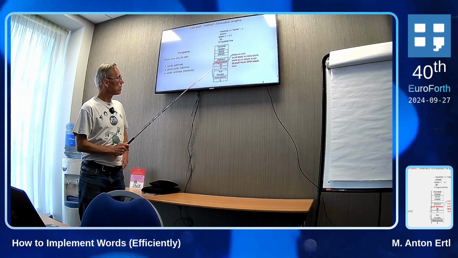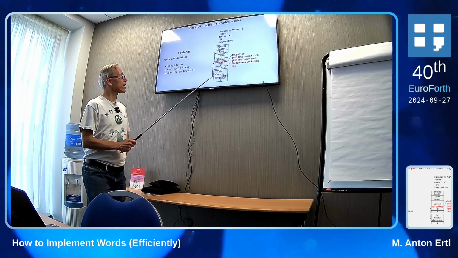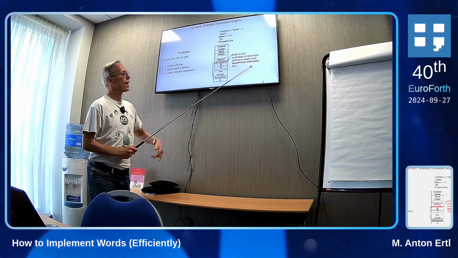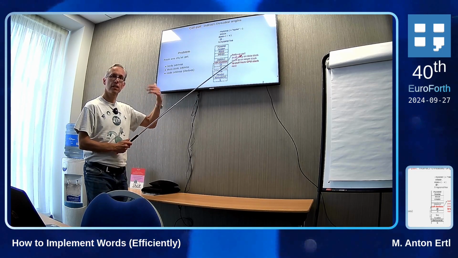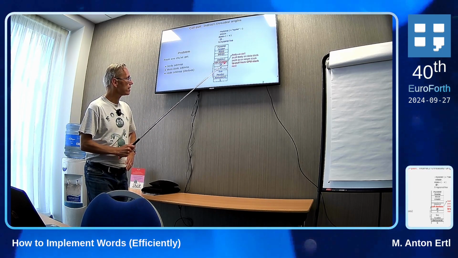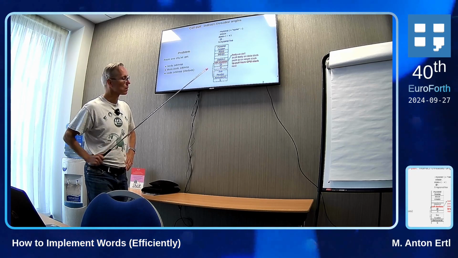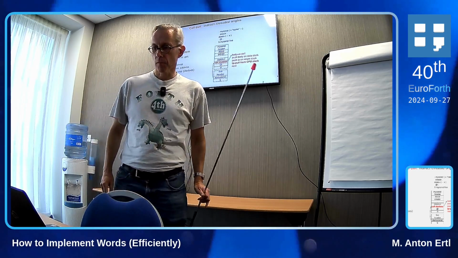The call pushes the address that points here on the CPU stack, and here we pull it, and we put it in the instruction pointer of the threaded code, which means that when we do the next, the execution will continue at the fetch. Right.